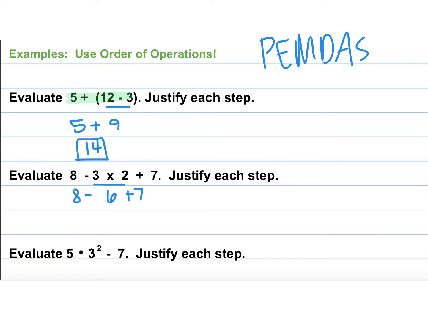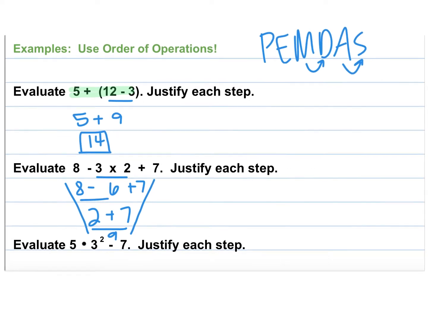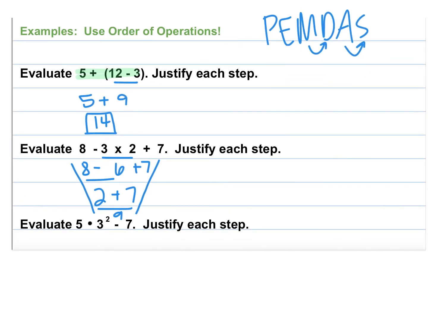Now, we have just addition and subtraction left, and again, that's working left to right, whichever one shows up first. So in this case, we're actually going to do the subtraction. 8 minus 6 is 2. Carry down the rest of the problem. Now all that we have left is 2 plus 7, which is 9. Now notice my work all funnels down to my final answer. That's what we're looking for every time, showing every step till we get our final answer.